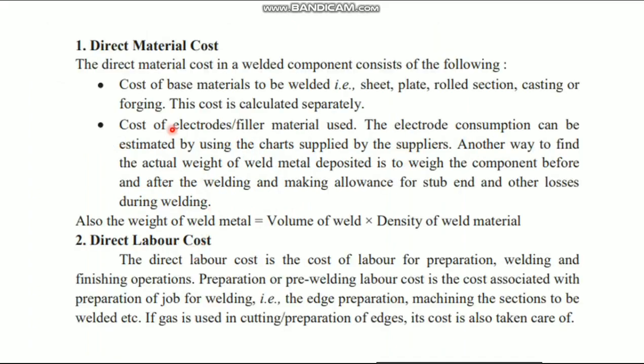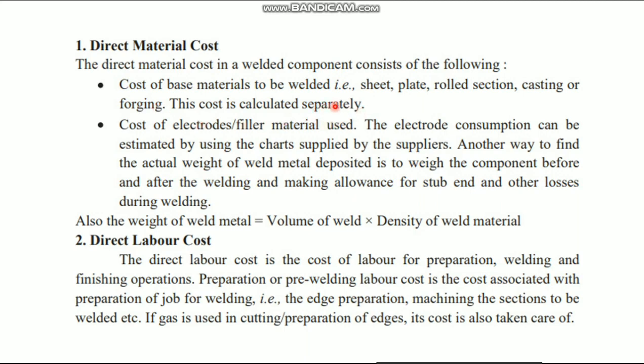The material cost. In a welding shop, what materials are considered as direct material? That is sheet, plate, rolled section, casting, or forging. This cost is calculated separately.